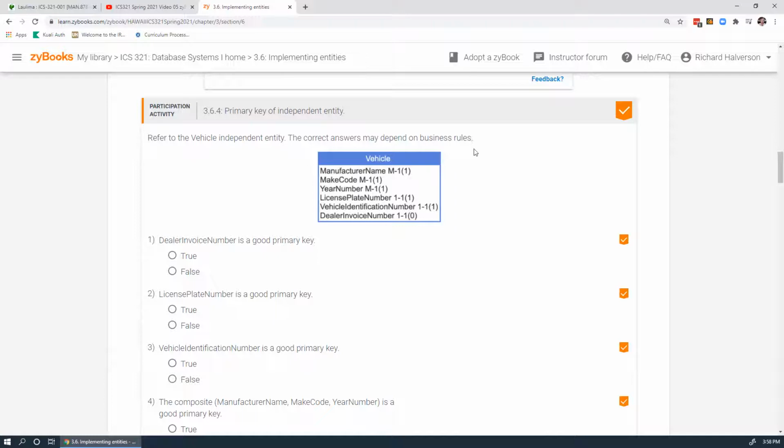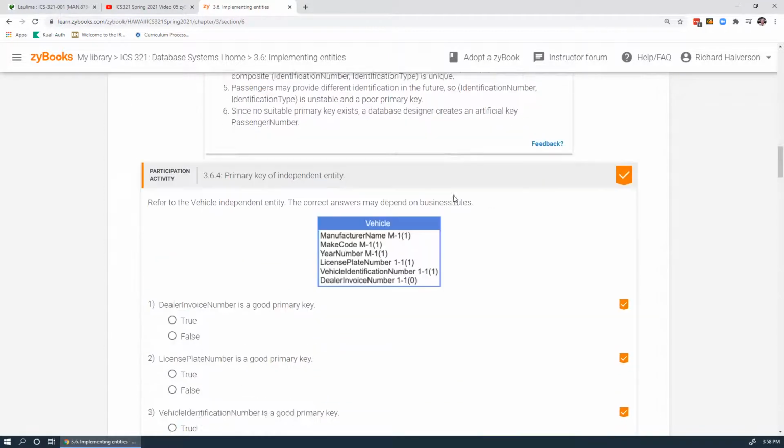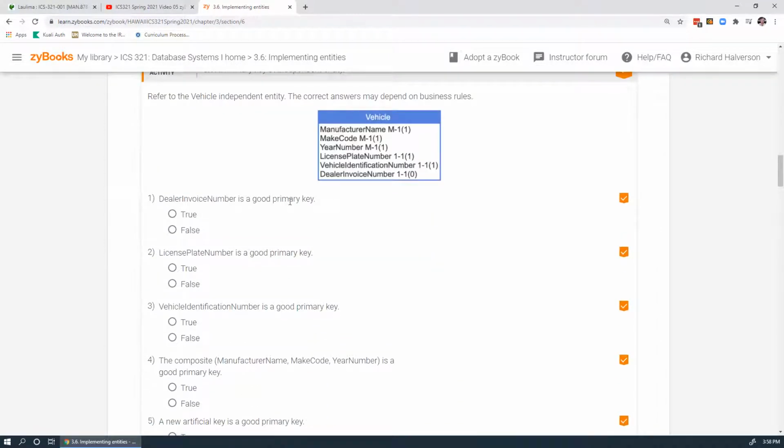Correct answers may depend on business rules. Okay, so we're supposed to say, select this. Dealer invoice number is a good primary key. Well, this is for an entire vehicle. Okay, no, that's crazy. False.